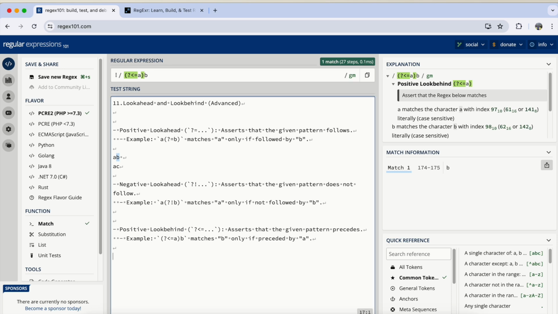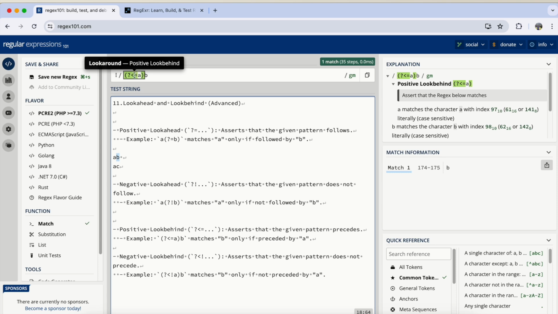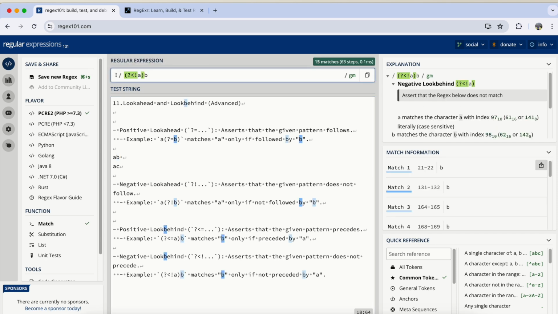Similarly, now let us look into negative look behind. It means assert that the given pattern does not precede. It means match B only if it is not preceded by A. Matches B only if it is not preceded by A. It means here question mark less than and here I will say not equal to.